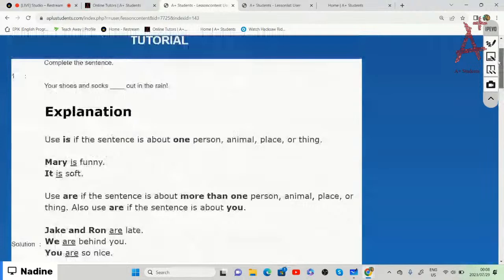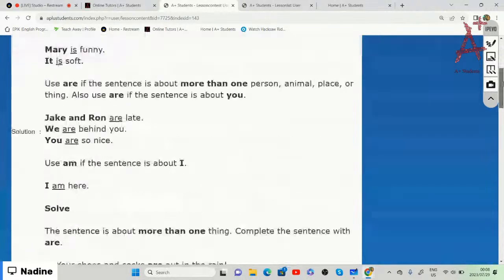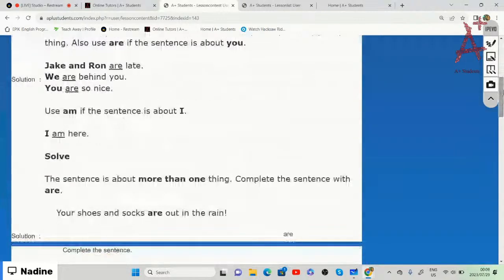So if we now scroll down to look at what they're saying, it says the sentence is referring to more than one thing, which is are. So your shoes and socks are out in the rain.